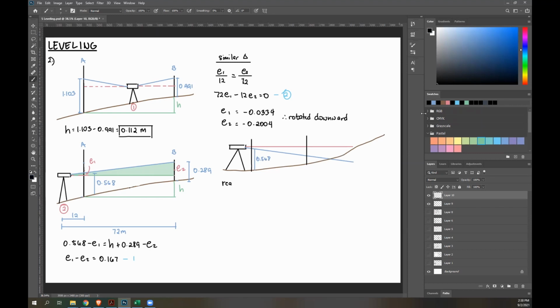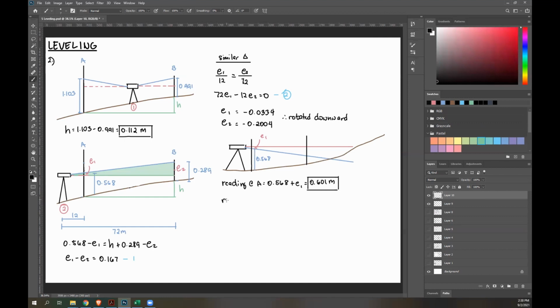So reading at A is actually 0.568 plus E1, because that's the correct orientation now. And the answer is 0.601.